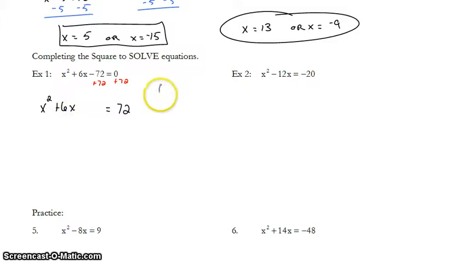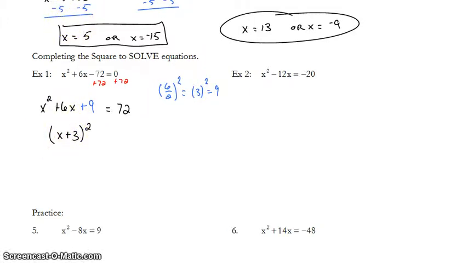Well, that's when I do 6 divided by 2 squared. 6 divided by 2 is 3. 3 squared is 9. That means if I add 9 here, this is now a perfect square, which would be factored as x plus 3 squared. That's why we completed the square.